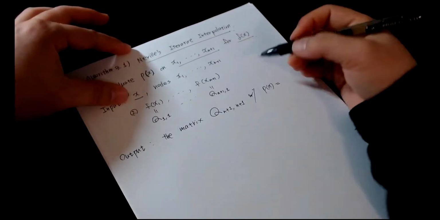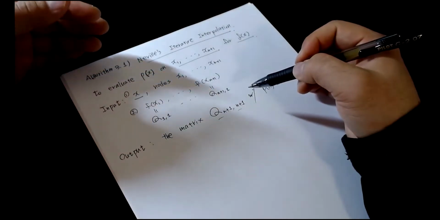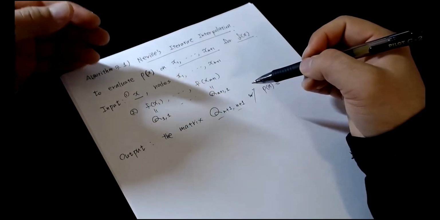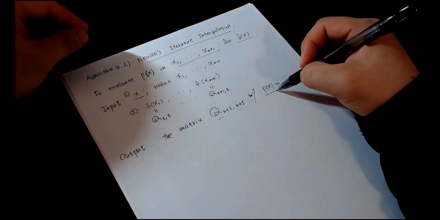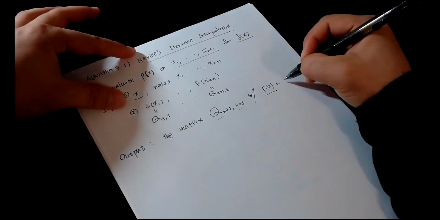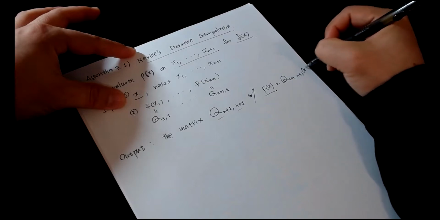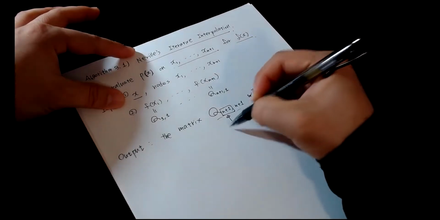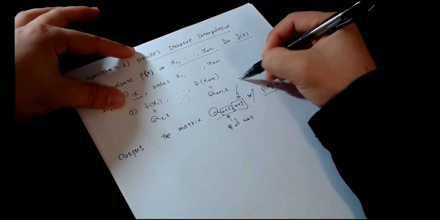The last row, last column entry is going to be the Lagrange interpolating polynomial that agrees with f of x at every single node, x1 through x n plus 1. This is equal to q n plus 1, n plus 1 of x. Keep in mind that the first subindex is the number of rows, and the second one is the number of columns.